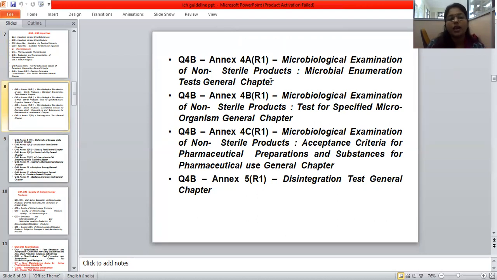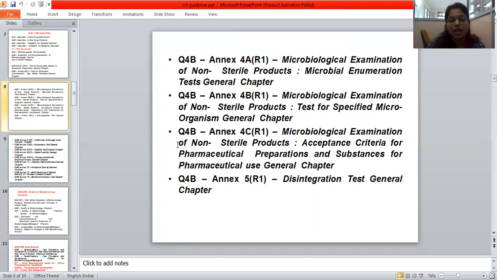For these products we have the different annexes: Annex 2R1, and also the 4A-R1 guideline for non-sterile products, covering the microbiological enumeration tests general chapter. Q4B Annex 4B-R1 covers microbiological examination of non-sterile products, the test for specific microorganisms general chapter, which is in the Q4B guideline.